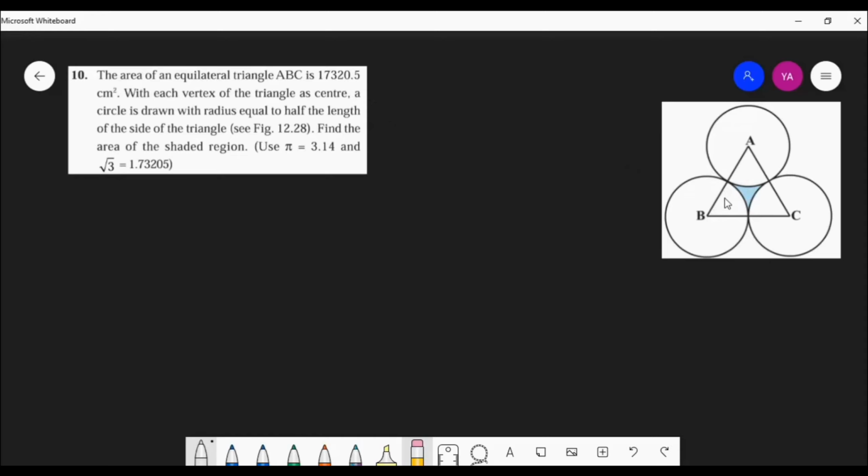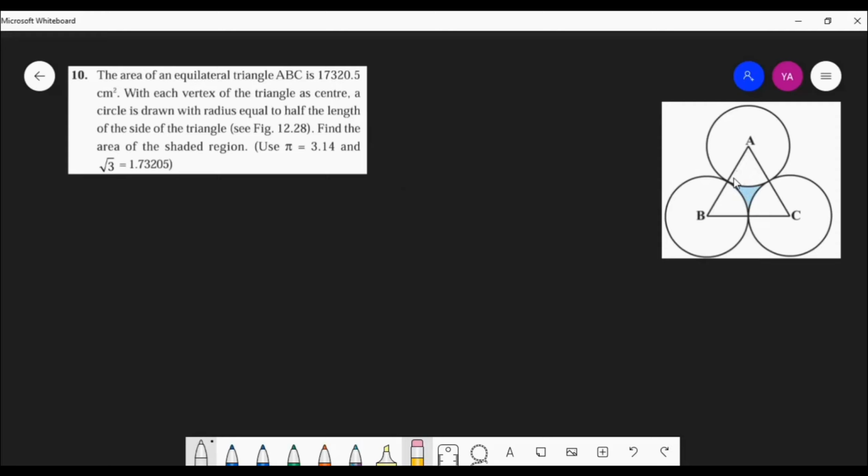So it is enough to find the area of one sector, then multiply by 3, we will get the sum of the areas of these three sectors. Then subtract that area from the given area of the equilateral triangle, you will get the area of the shaded region. That's one method.